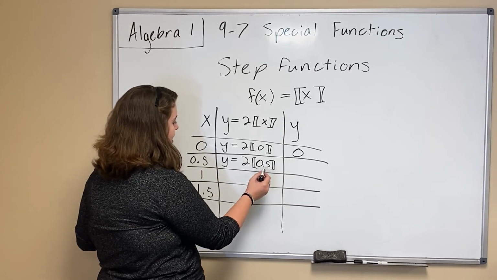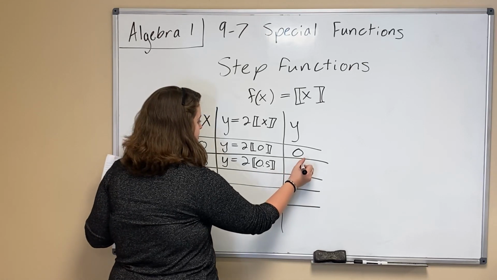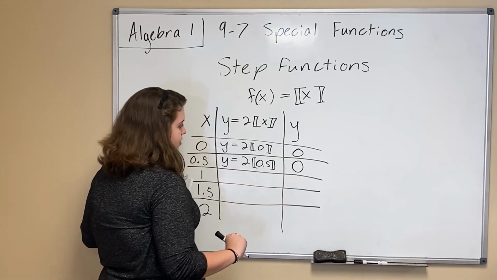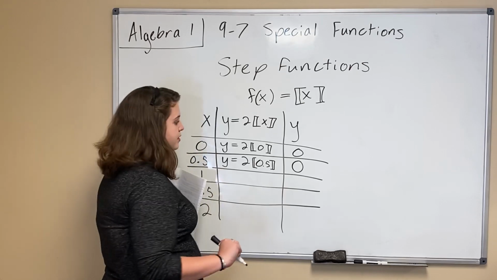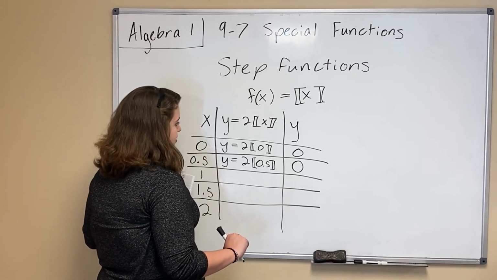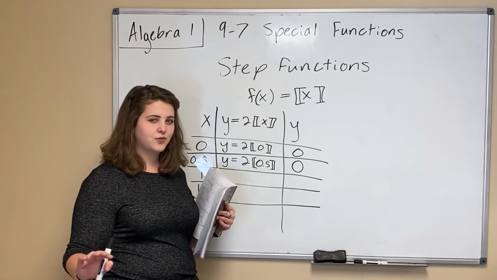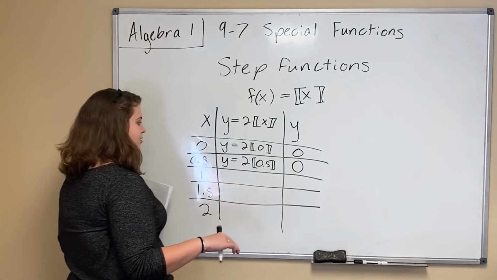When I plug 0.5 in, I'm actually still going to get 0 here. I know that's kind of confusing, but keep watching, I think you'll get the hang of it.